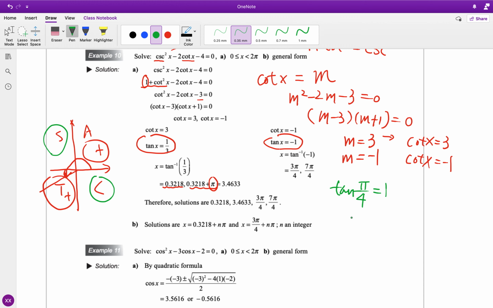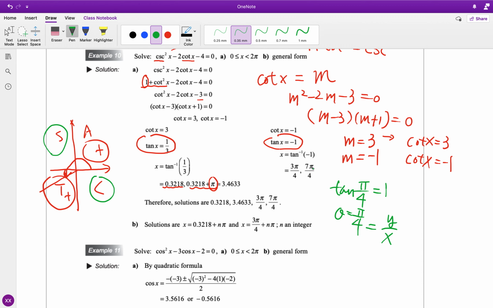Why? Because this means you have y/x, right? They both are 1. So that's 1. So your theta is pi/4 for your reference number.